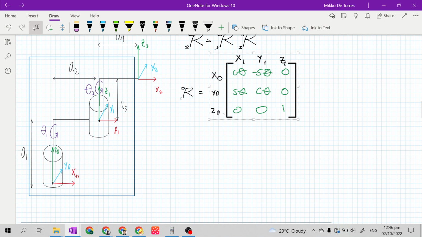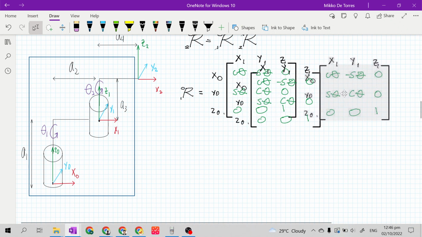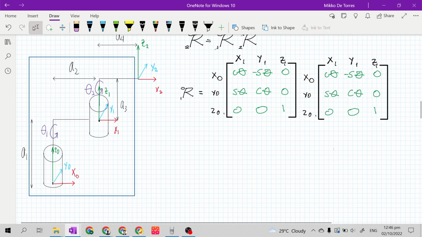We need a rotation matrix for when the joint is not moving, because this z rotation matrix is a rotation matrix for when the joint is moving.